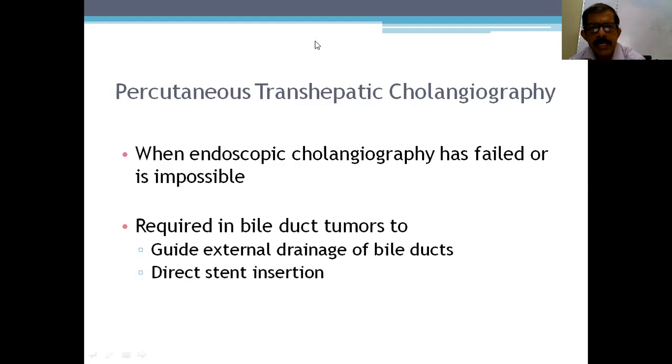What is PTC? It is cholangiography, isn't it? Cholangiography is not the prerequisite, that is an alternative. When endoscopy fails, anyhow you can do PTC, but what is the prerequisite of PTC?